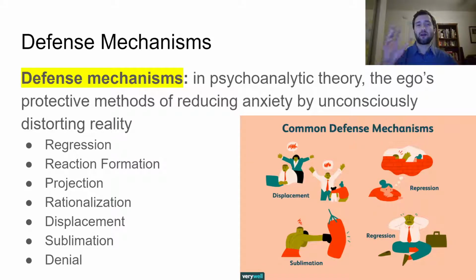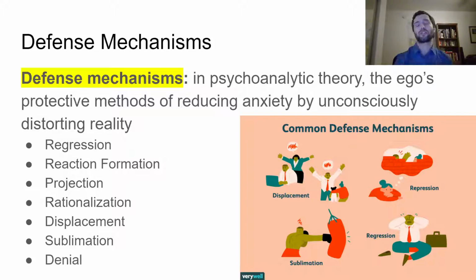Okay. Now, when that happens to us, when we fail at something, for example, that is an anxiety-inducing moment. That is a stressor to us. It's stressful to feel like you failed, like you can't achieve something or didn't achieve something. So what psychoanalytic theorists would say, and what Freud would say, is that we will deal with that and reduce that anxiety by distorting the reality of the situation.